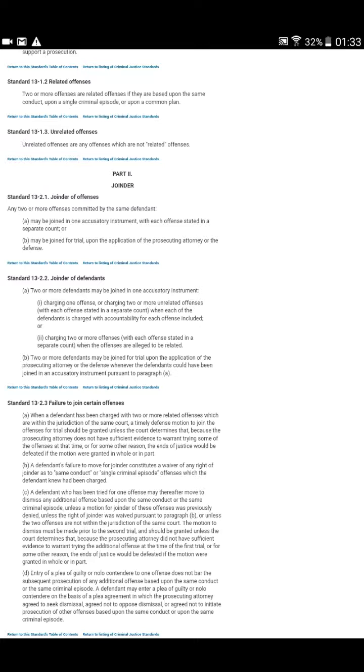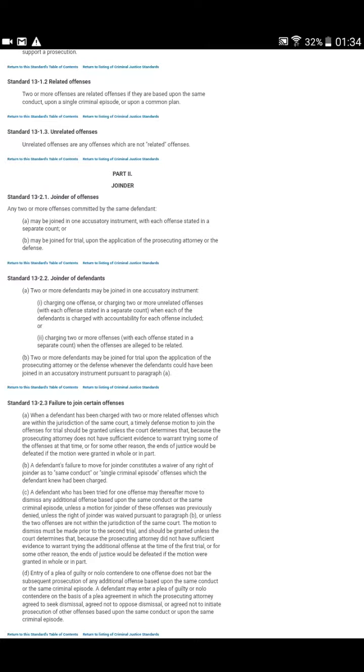Two or more defendants may be joined in one accusatory instrument, one, charging one offense or charging two or more unrelated offenses, or two, charging two or more offenses when the offenses are alleged to be related. Now, they may be alleged to be related considering that the defendants have not stated whether or not they were both in cahoots.